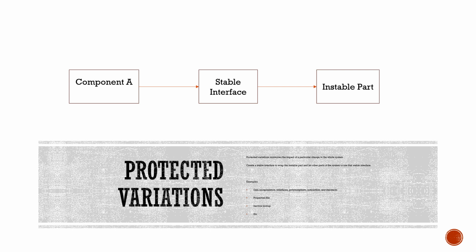The code doesn't depend on the values directly, but it depends on the property keys in that properties file. So we don't need to recompile the code whenever there's a change. We only need to change the property file. That's one of the examples, but there are still a lot of other examples.